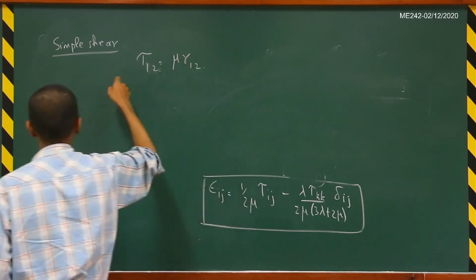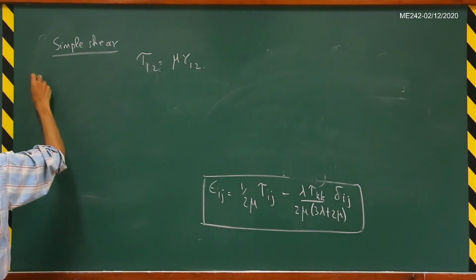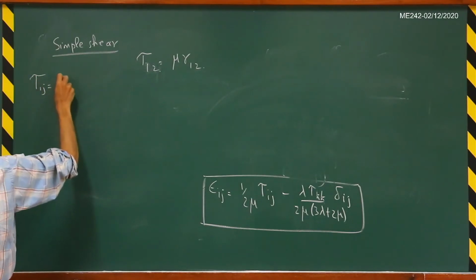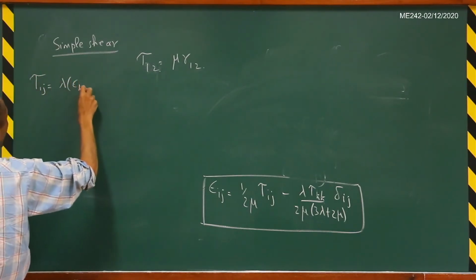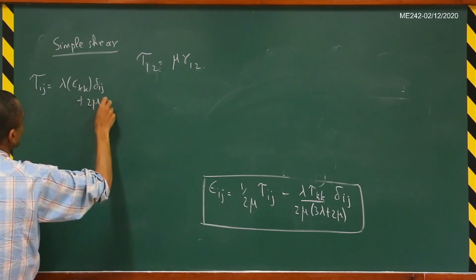This comes from the fact that tau ij is lambda times epsilon kk times delta ij plus 2 mu times epsilon ij.